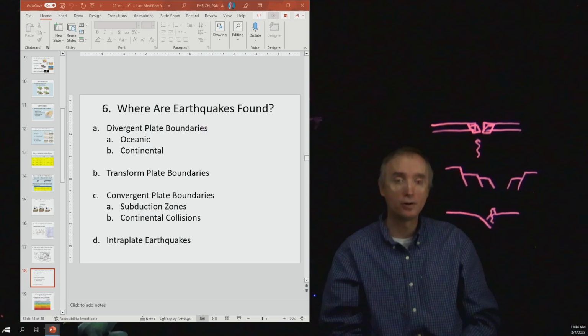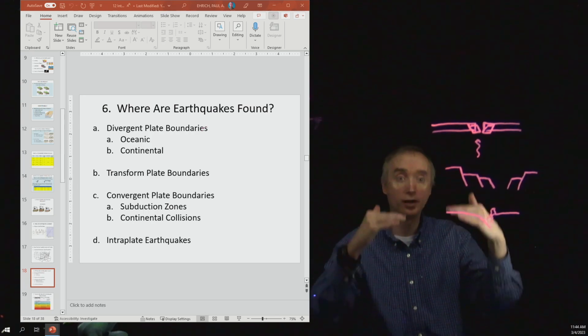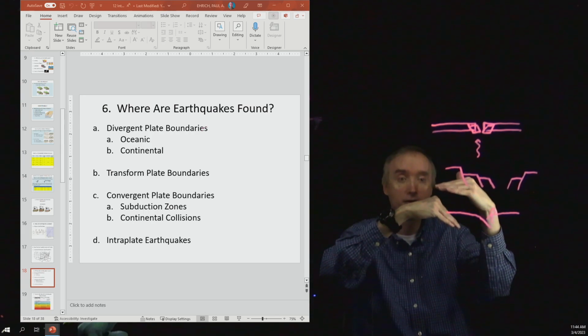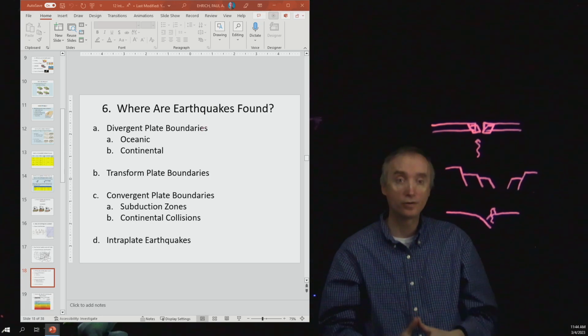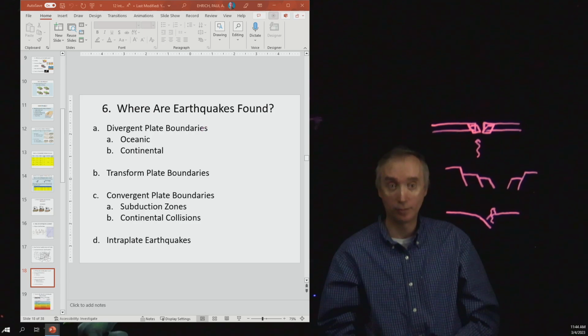So if you recall, there was a terrific tsunami, a big tidal wave that hit the coast of India a few years ago. And that was a result of a subduction zone in Indonesia, where you had one plate that was going underneath another plate in Indonesia, and it produced this earthquake when it finally did slip.